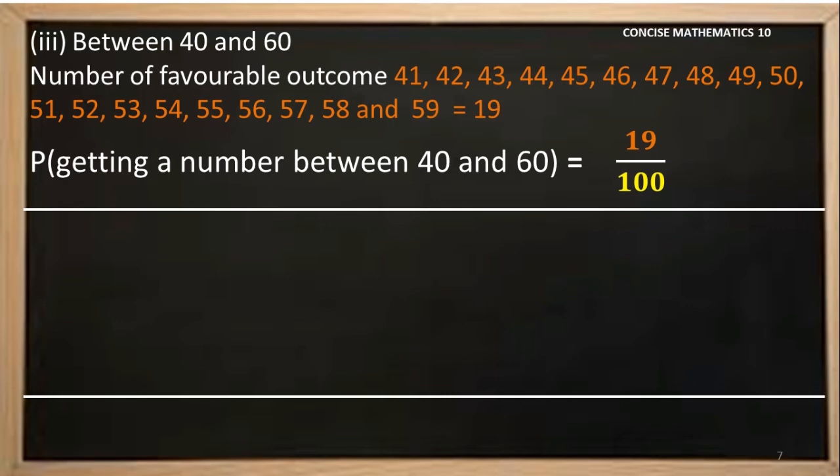When it is between 40 and 60, consider the number after the given number, that is after 40 it is 41, and stop by 59, don't include the last number. So when it comes to between, exclude both the given values, that is 40 and 60, and consider the values in between the given range. So now here it is 41, 42, 43, 44 and so on up to 59. If you count, then there are 19 numbers, hence the probability is equal to 19 by 100.